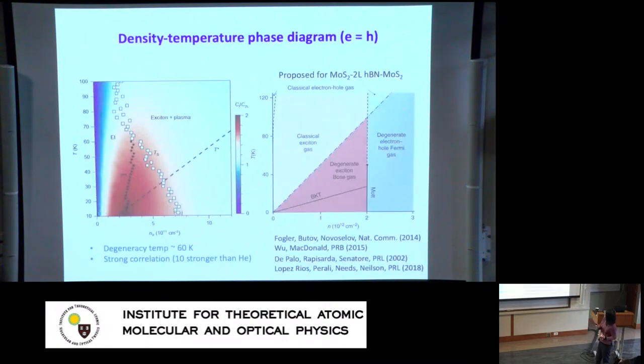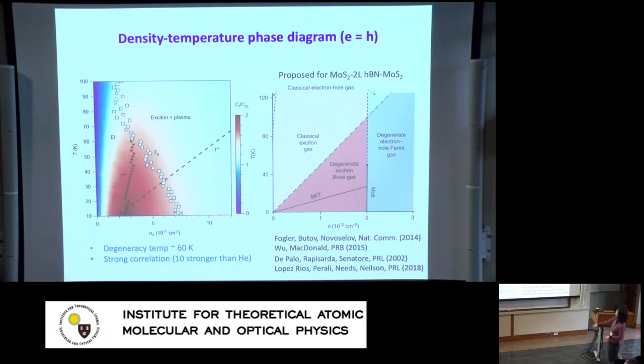Okay, so one other thing we'd like to show is the density-temperature phase diagram. Yes, 5 minutes. Oh, okay. To orient you, I first put up this proposed phase diagram for two layers separated by two layers of hBN, with density and temperature. Below this critical density, we have excitons.